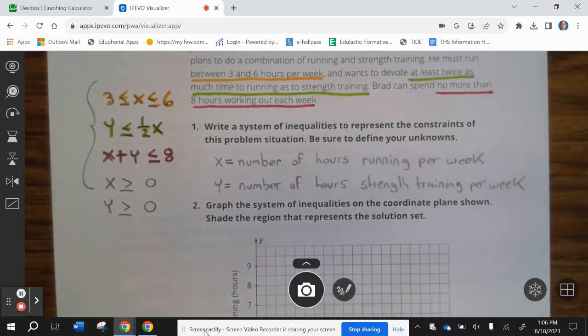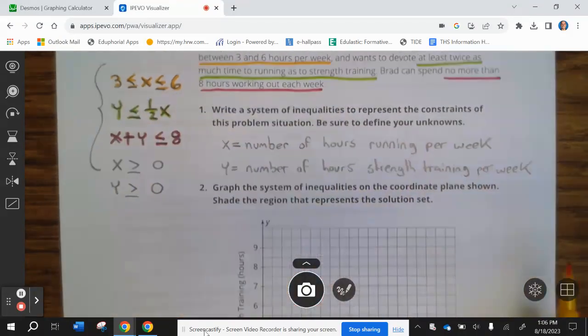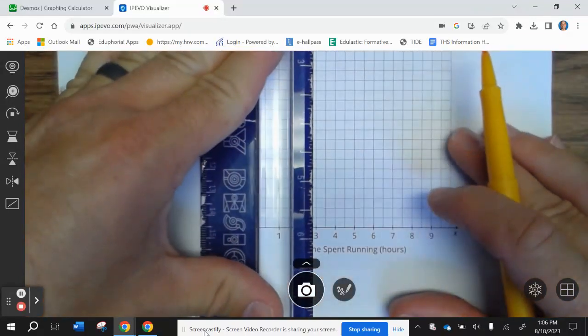Okay? So now let's go ahead and graph, okay? Well, to graph X is between 3 and 6, we draw vertical lines between 3 and 6.